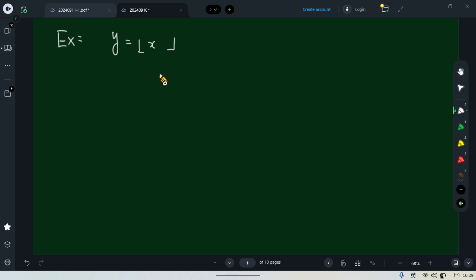This is the floor function. For the floor function, do you remember, it is a step function, right? It will be defined piece by piece, right? So as this one, we can see the function will look like this.